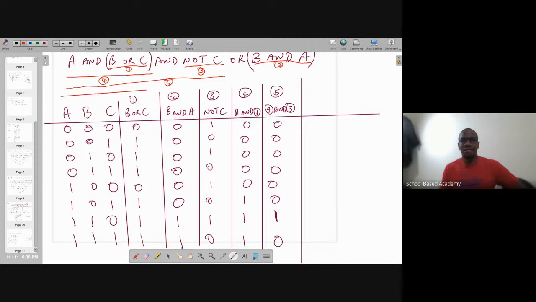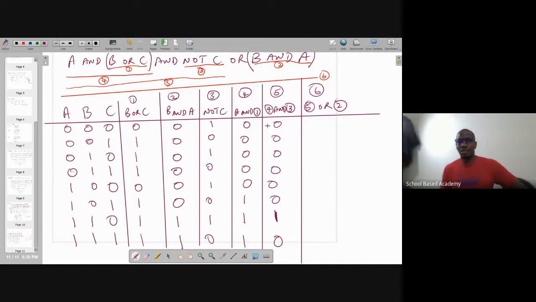The value of 5 joined on to the value of 2 with an OR, right? So this is the last column that we're doing, column 6, which is 5 or 2. Okay, so we have the column from 2 and the column from 5, and we're joining them.